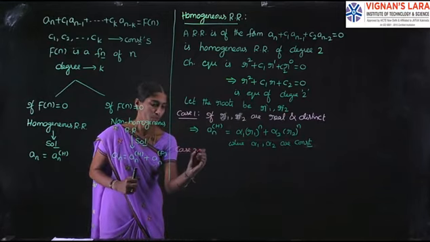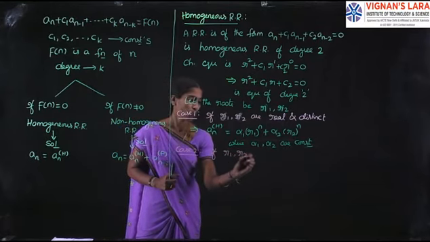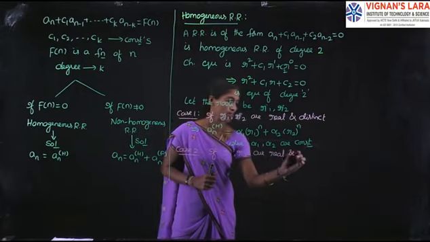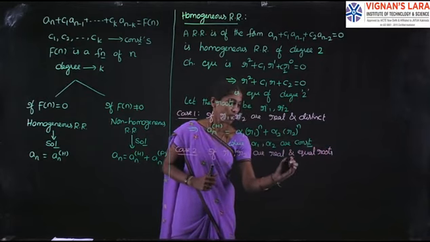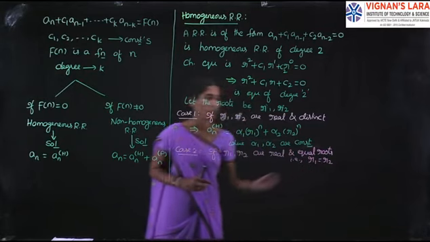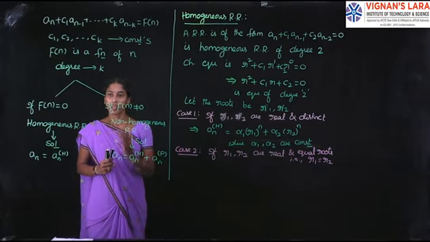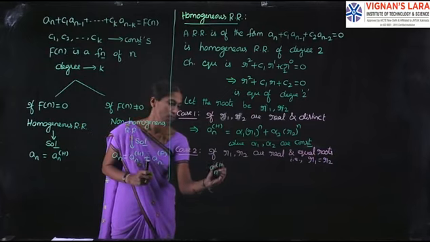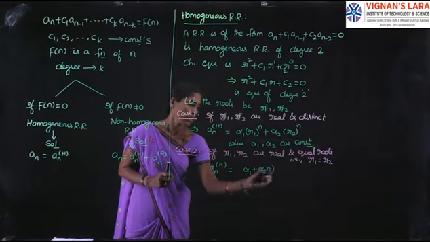Now case 2: if r1, r2 are real and equal roots, that is r1 is equal to r2. If those two roots are real but both are the same, like 2, 2 are roots, then a_n(h) is equal to alpha 1 plus alpha 2 into n.